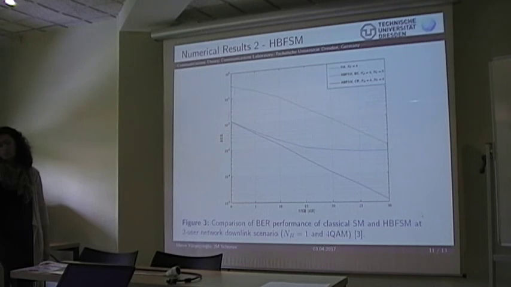And maybe for the figure you put in the paper, I understand this is good for the paper, but in the conference, you don't need to tell everybody what it is. Like, the blue curve is HBFSM, for number of antennas equal to 4, number of transmit antennas equal to 8, and this is the same for the purple curve as well. So just put the blue curve is for BS and the purple curve is for CP.